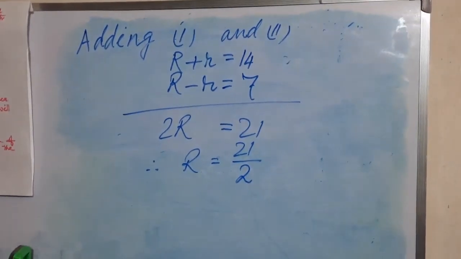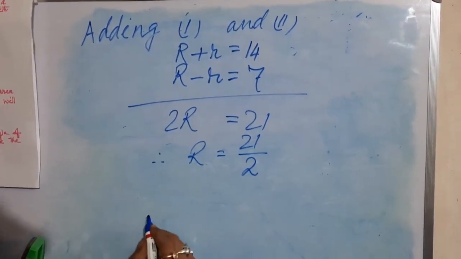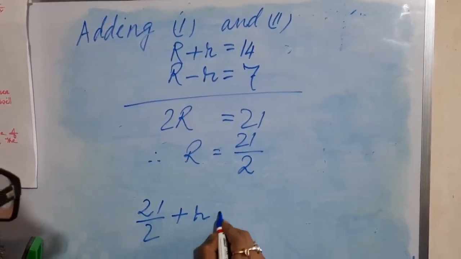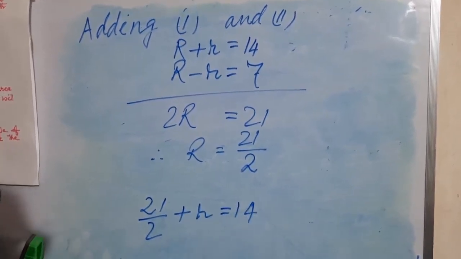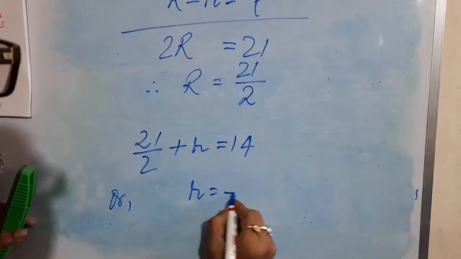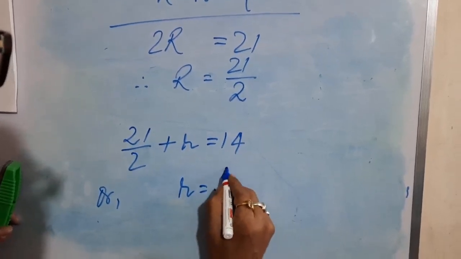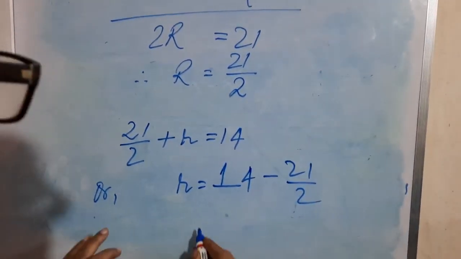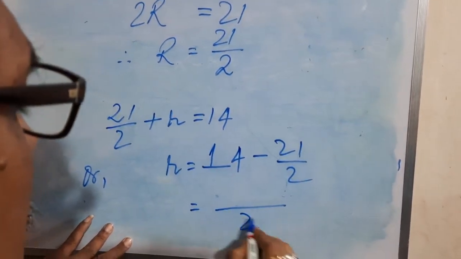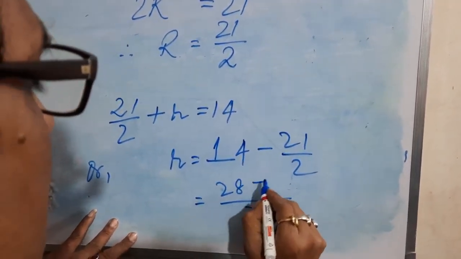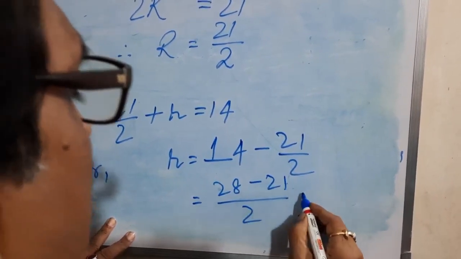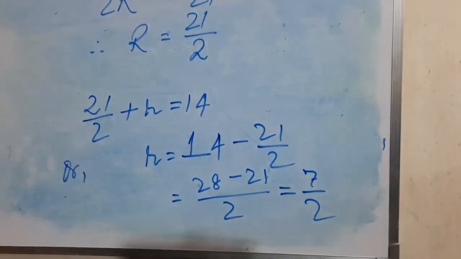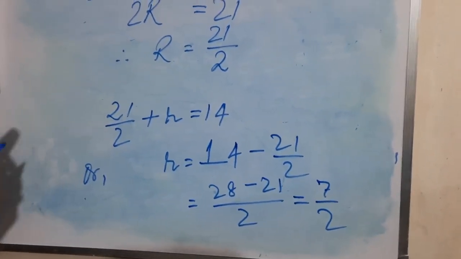Now, putting the value of R in equation 1, we have 21 divided by 2 plus small r is equal to 14, or small r is equal to 14 minus 21 by 2, which is equal to 7 by 2.